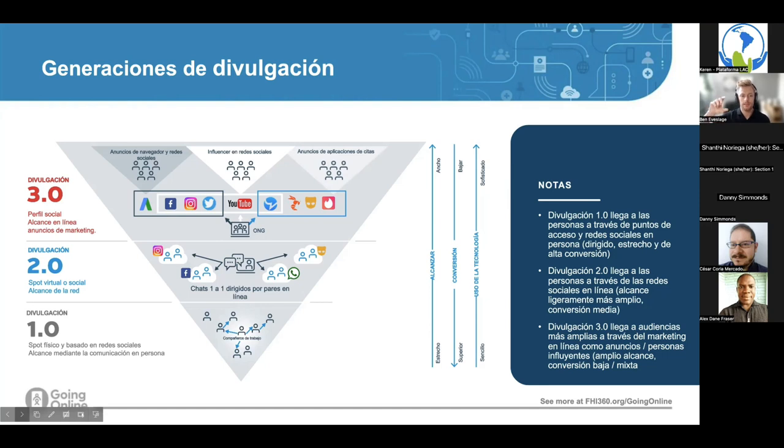As you progress up this figure, the approaches become broader and programs may need to focus on how to convert clients from online outreach to offline uptake of HIV services. We have some notes on this slide that describe these approaches in more detail. But for now, let's go to the next slide.